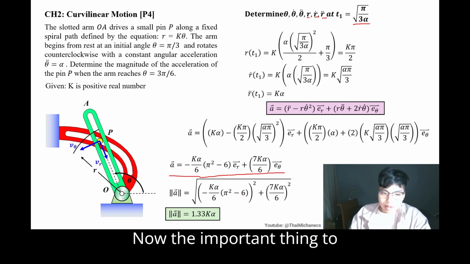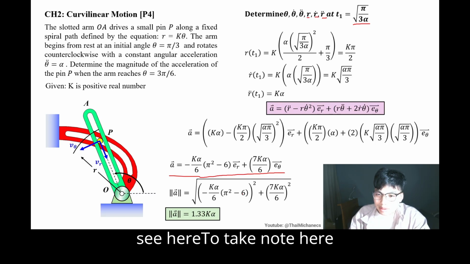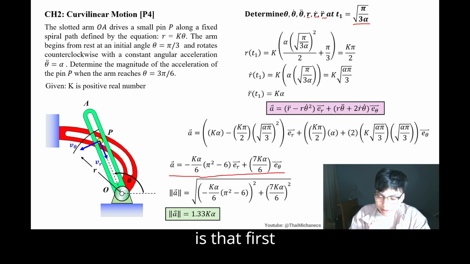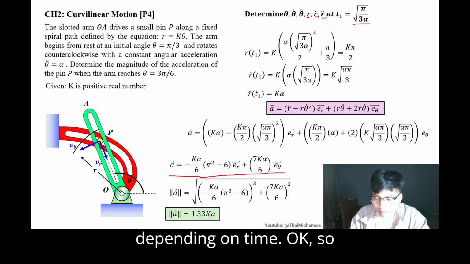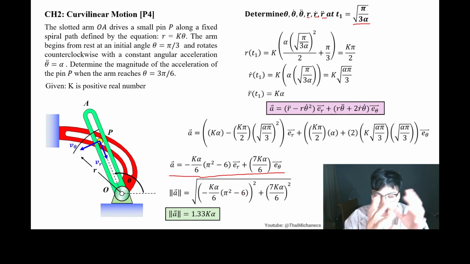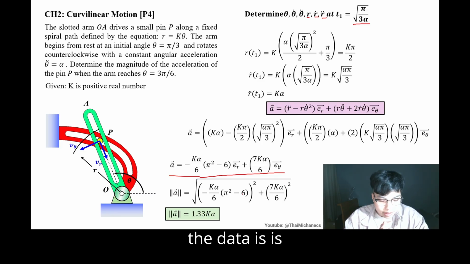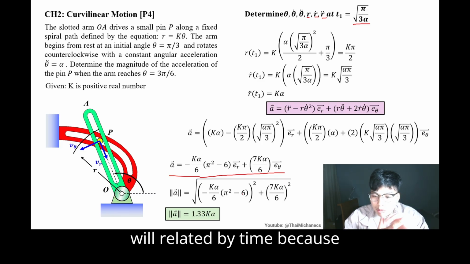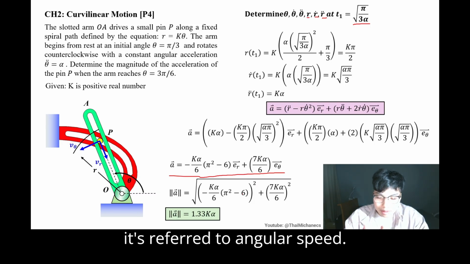Now the important thing to take note of here is that first we have to find the relationship of theta and r depending on time. Firstly, we know that theta is related to time because it refers to angular speed.